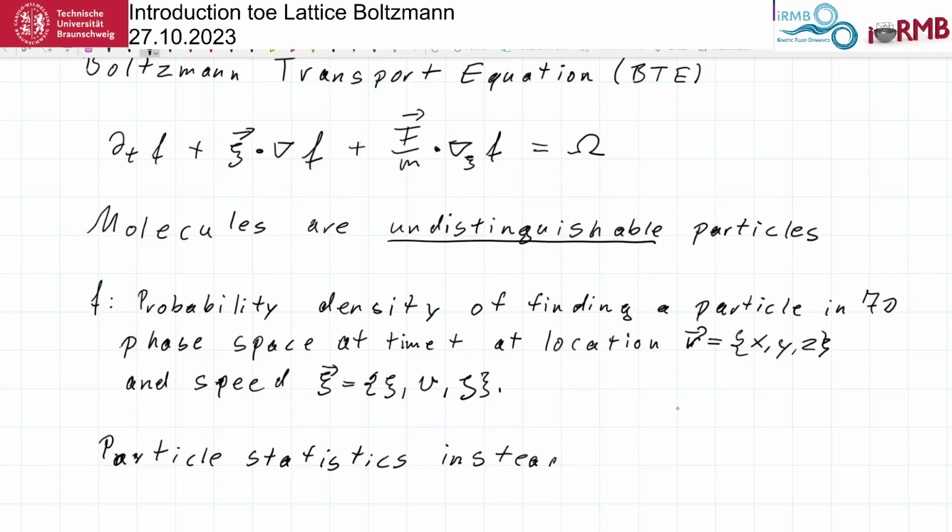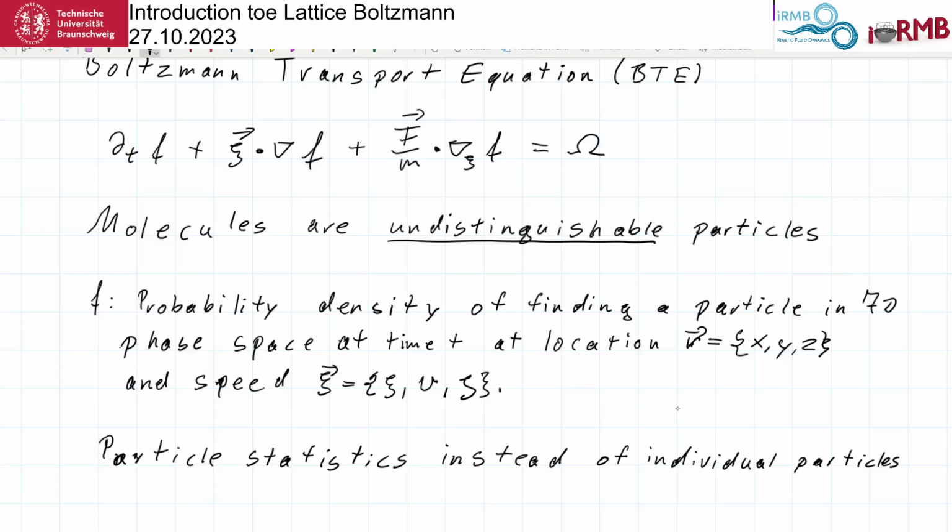And with this, we reduce the information in a similar way as if we went to a continuum. And in all actuality, the Boltzmann transport equation is a partial differential equation, obviously. So actually, F is continuous because it's a probability.